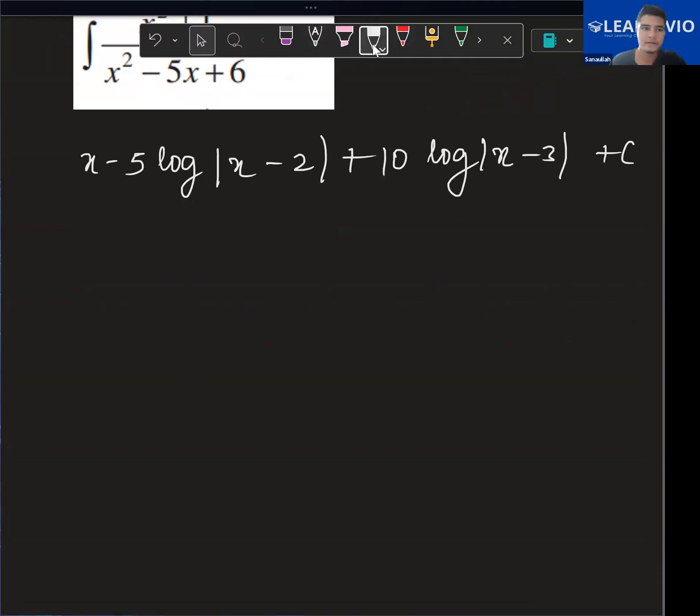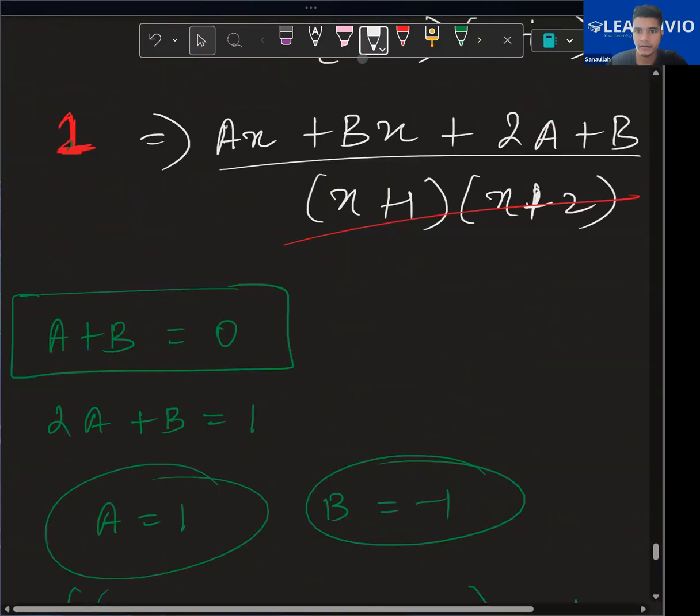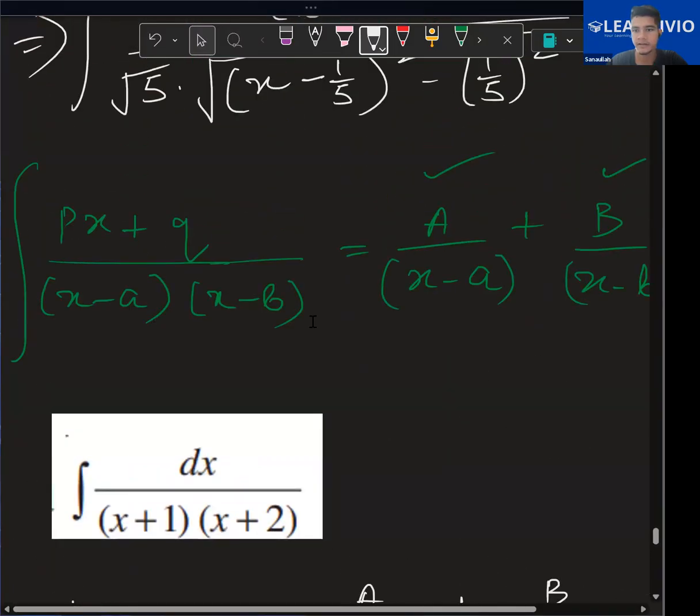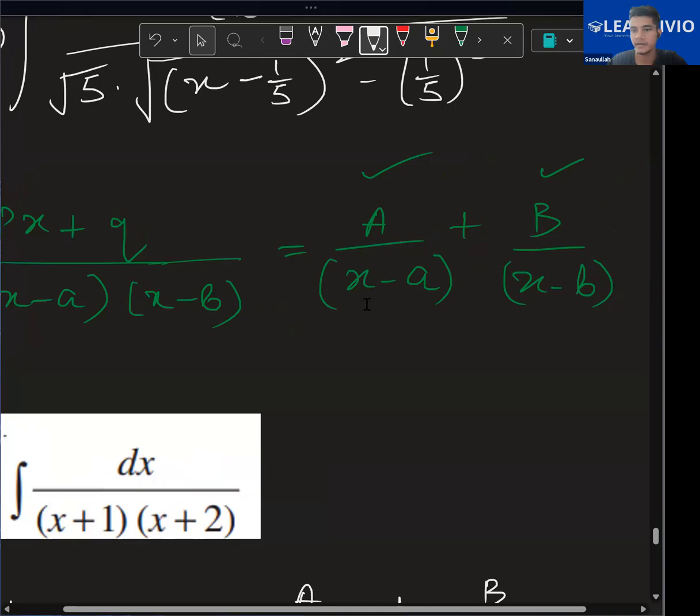So the general form for that is, see, I explained this, if you have integration of px plus q upon x minus a and x minus b, you will write it as a upon x minus a plus b upon x minus b.